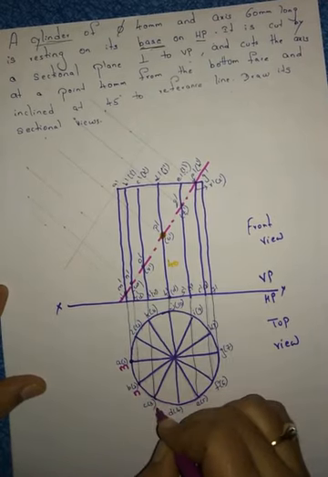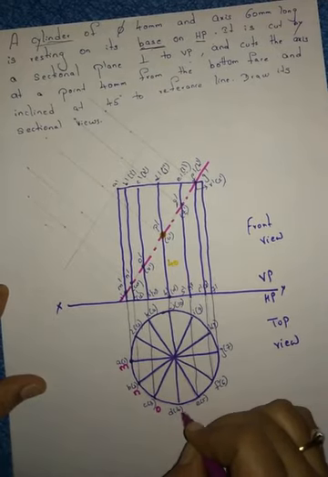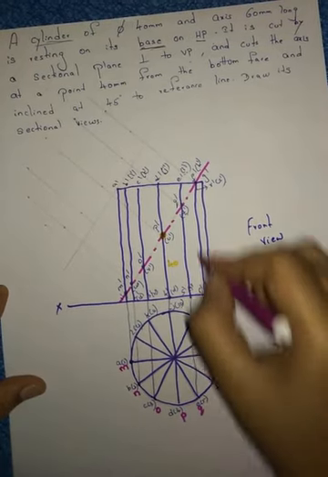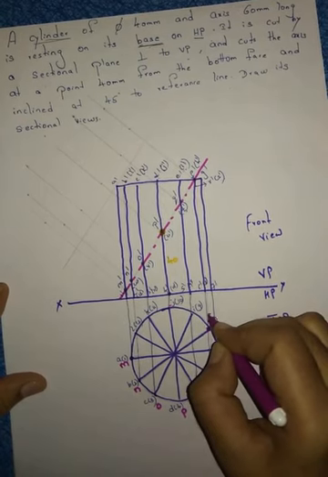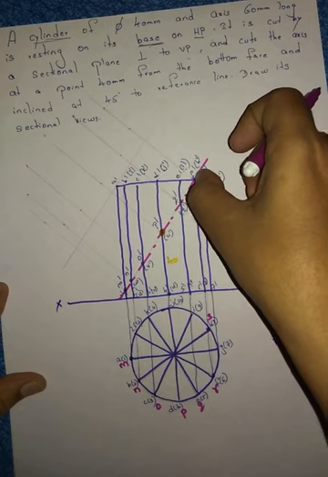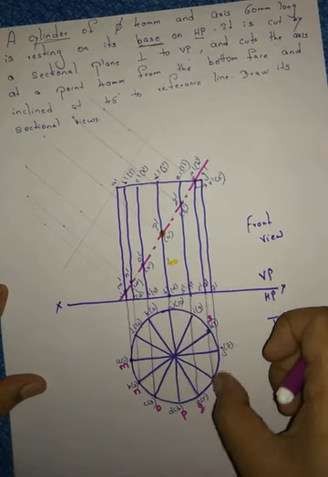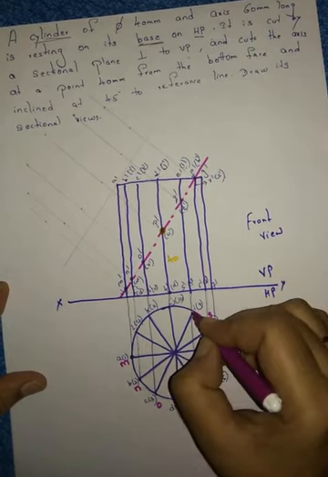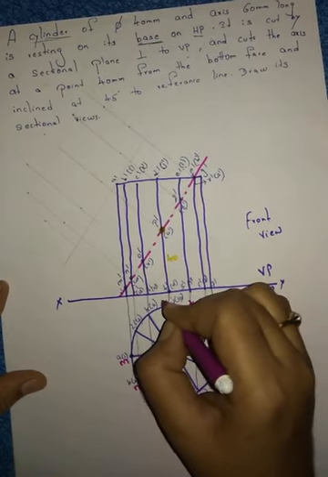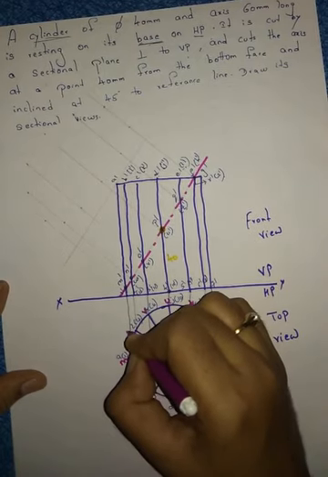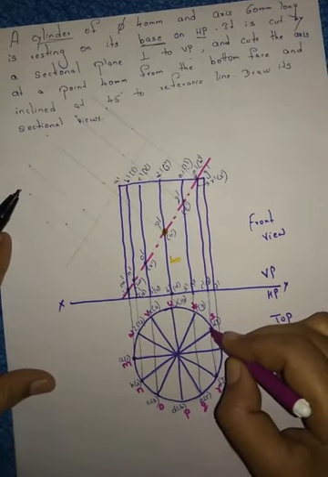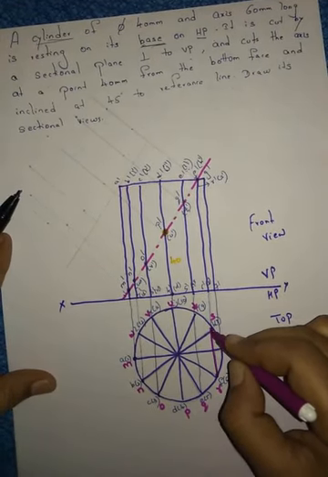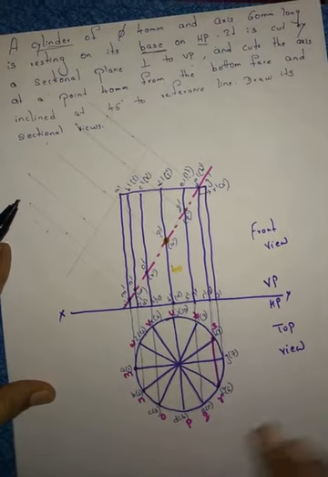From O, this will be O. From P, from Q, R, this will be S, right? From R and S, if you are drawing a straight line, this will be point R, point S. Next, T, U, V, W, right? So M, N, O, P, Q, R, S, T, U, V, W are the points here.